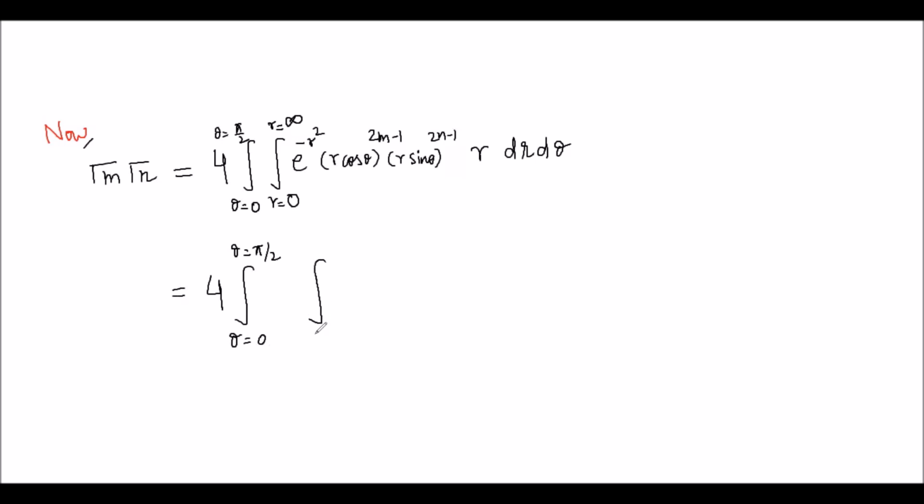Limits of r are from 0 to infinity. If I collect the terms of r, we have e raised to power minus r square, and then r raised to power 2m plus 2n minus 2 plus 1, that is 2m plus 2n minus 1. This is our dr.